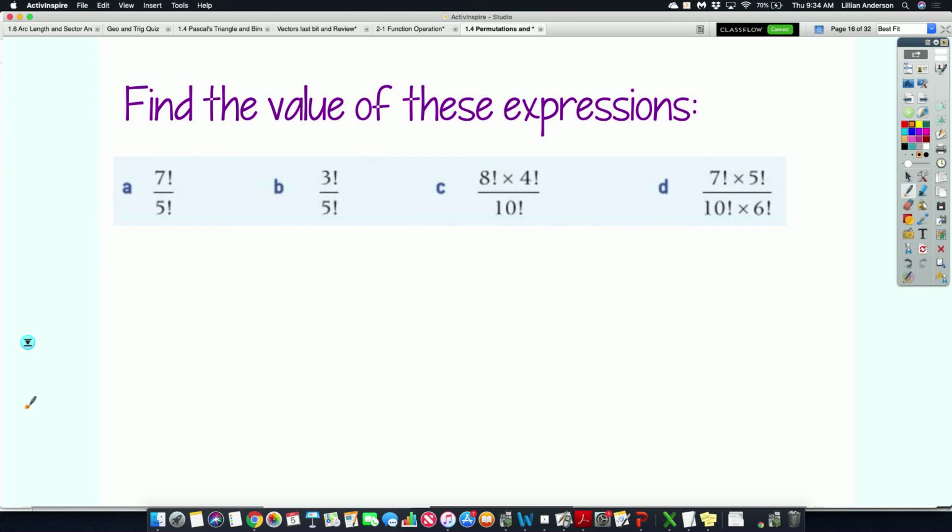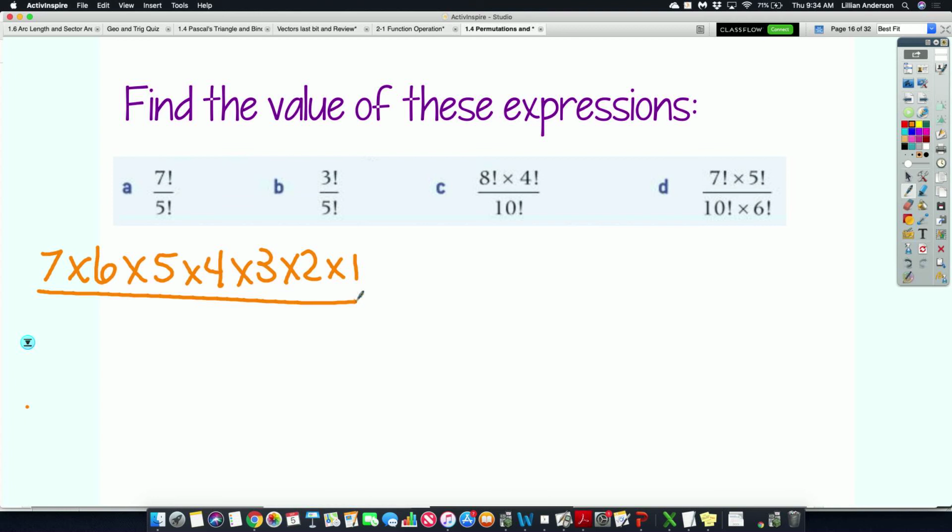Long way. 7 factorial means what? It means the product of 7 all the way down to 1. What does 5 factorial stand for? 5 times 4 times 3 times 2 times 1. Notice anything between the top and the bottom?